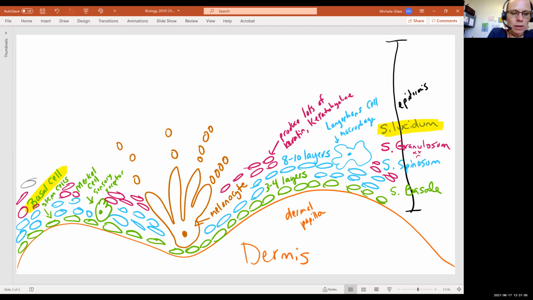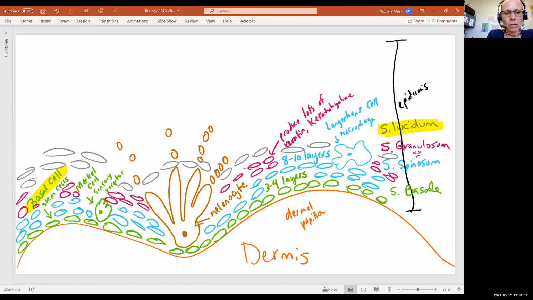So let's draw in our stratum lucidum layer. And in this layer, we get cells that look transparent, which is how it's getting its name, stratum lucidum.